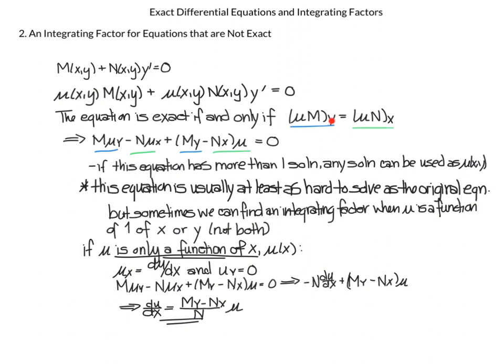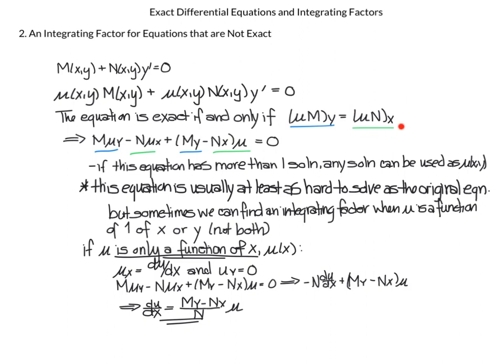The partial with respect to y of μM, since μ and M are both functions of y, we're going to use the product rule and it will come in two parts, which I have underlined in blue. So first we'll have M times the partial of μ with respect to y, and then we're going to have μ times the partial of M with respect to y. So that's here.